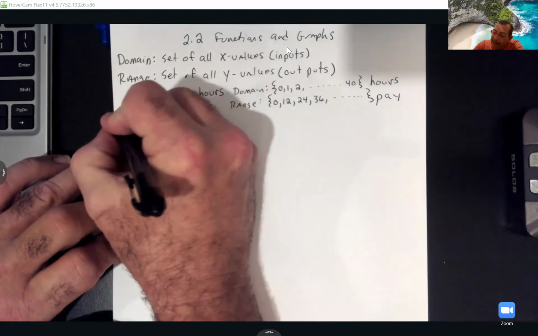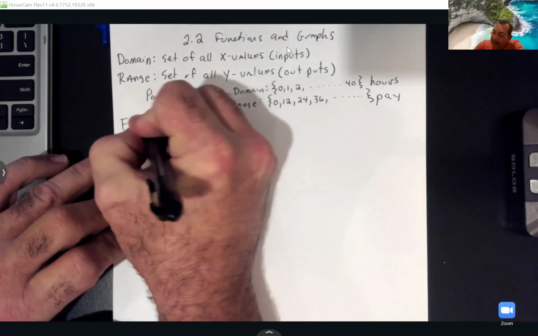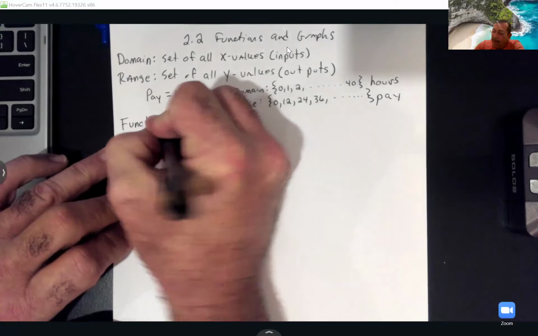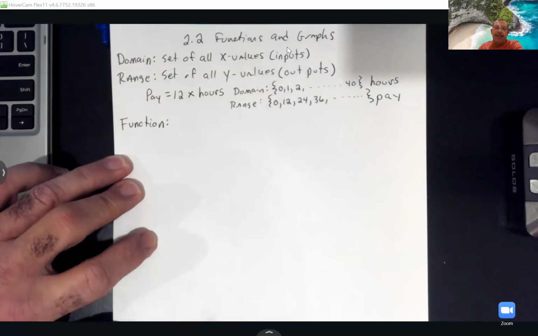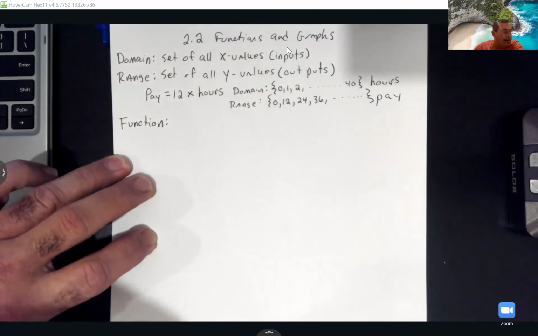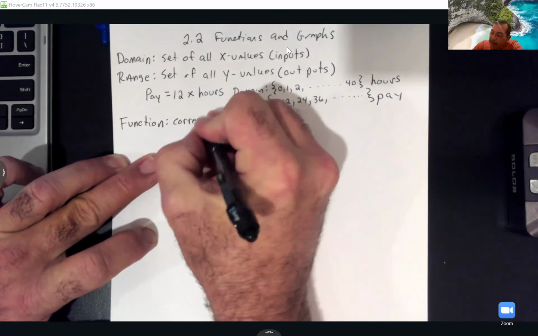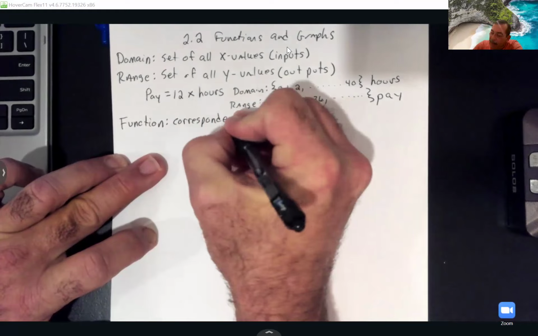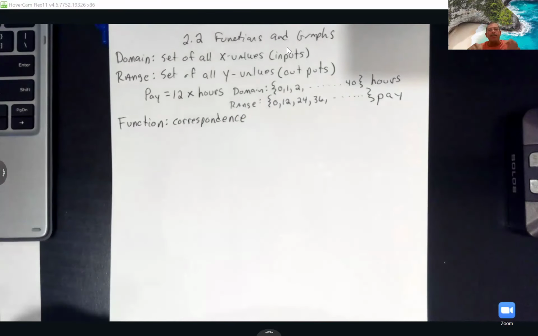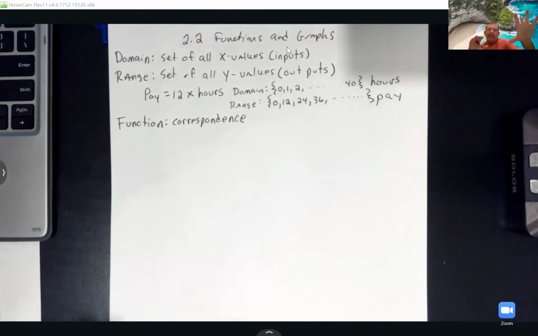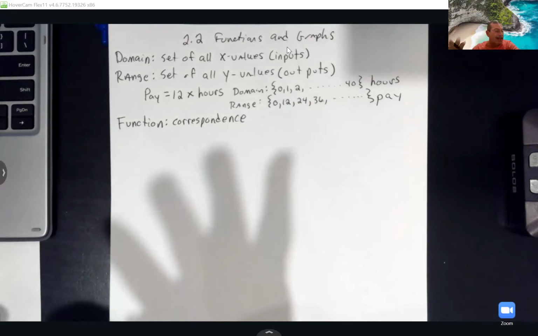All right, so then the big one of the day is a function. So y'all, a function is a correspondence. And y'all, correspondence shows a relationship between the domain and the range.